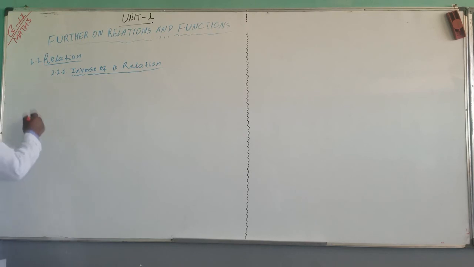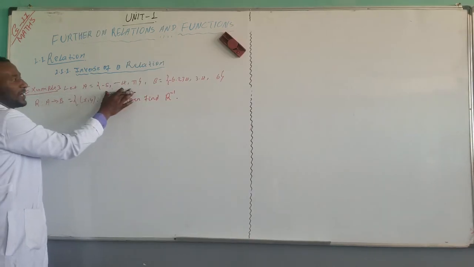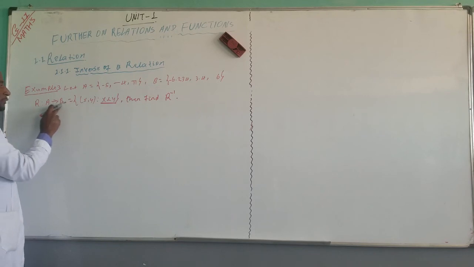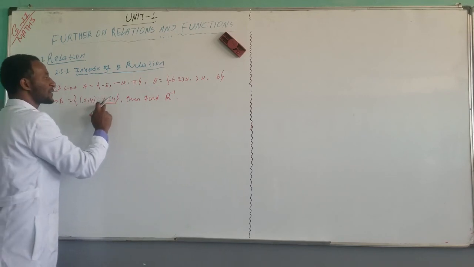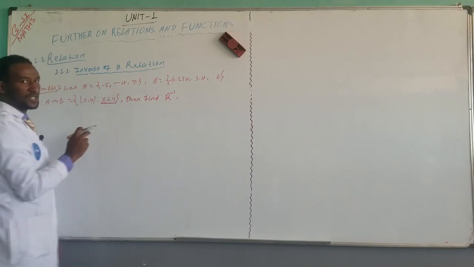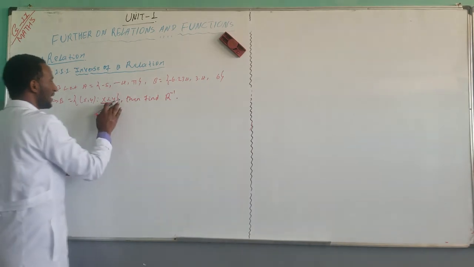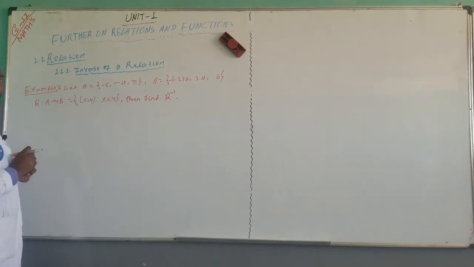Let us see another example. A is given for us, B is also given for us. Relation R is from A to B, which is equal to {(x, y) such that x < y}. This is a rule given in relation R: x is less than y.